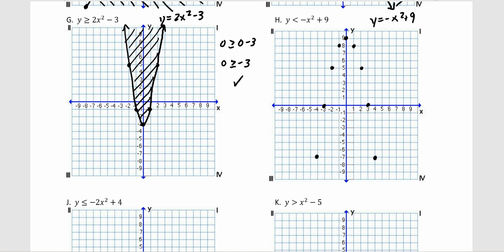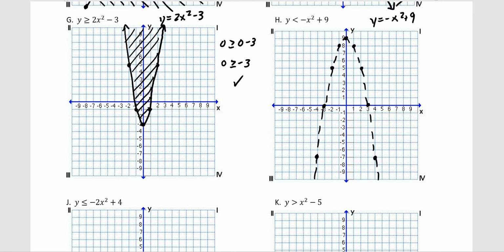Alright, solid or dashed line? Well, it's strictly less than here, so we're going to have a dashed line. Dashed line parabolas are always a little more difficult to graph, so please excuse my poor handwork here. It's even harder to do on a screen. That's okay. We're making it work in these trying times.